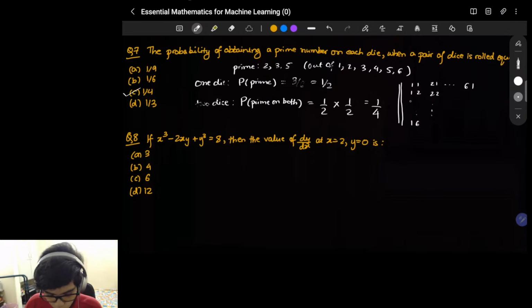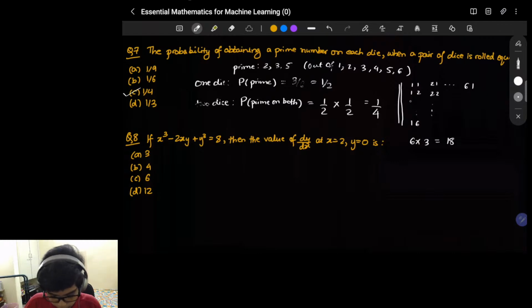If you want to work out the situation in which prime on either one of the dice is allowed, then out of these 36 outcomes, prime on just one die would be when you have 2, 3 or 5. So that means you would have 6 into 3, 18 such outcomes.